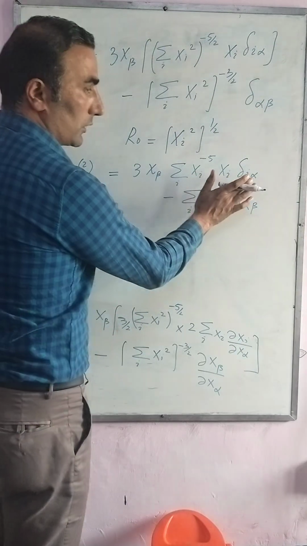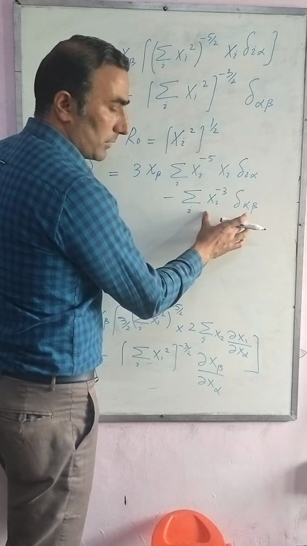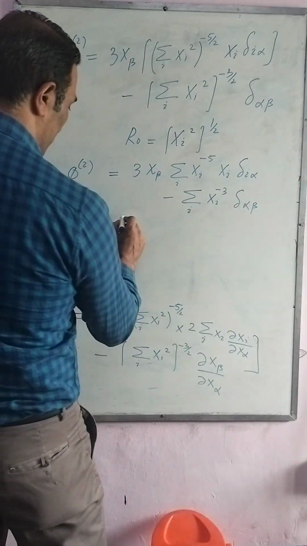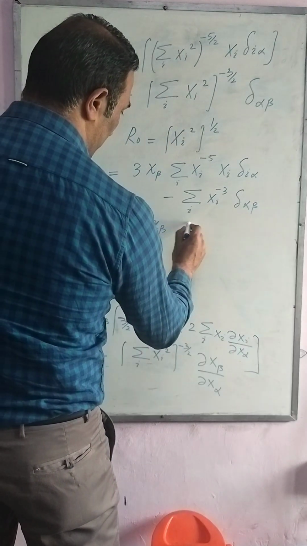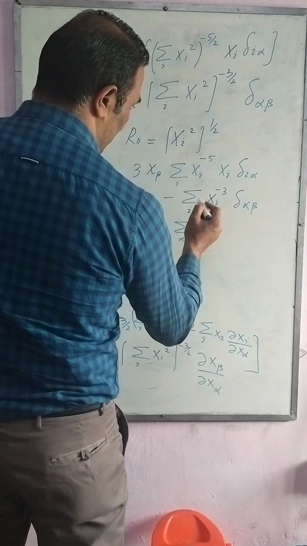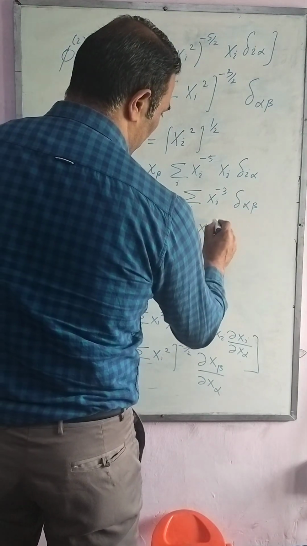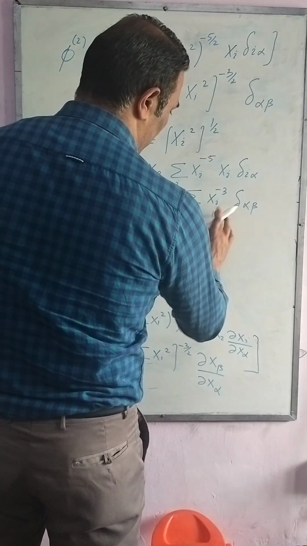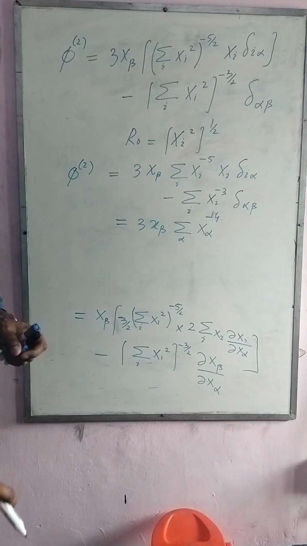Now in the first term, what I will do is, if I put this i equal to alpha in the first term, and in the second term I put alpha equal to beta, right? So first term will be 3x beta summation over alpha, so this will be equal to x alpha raised power 5, raised power minus 4, right?